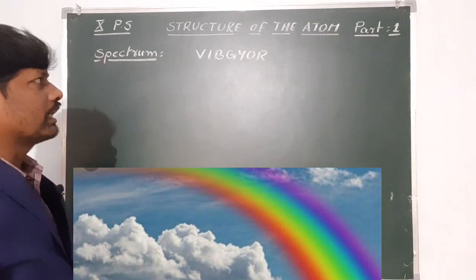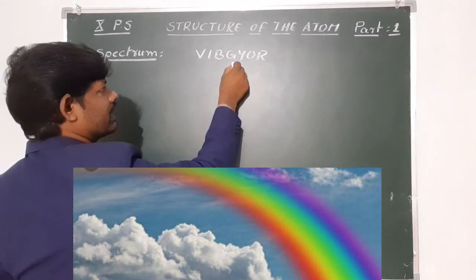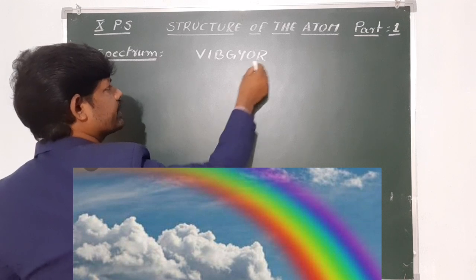So what are the 7 colors? Violet, indigo, blue, green, yellow, orange and red.